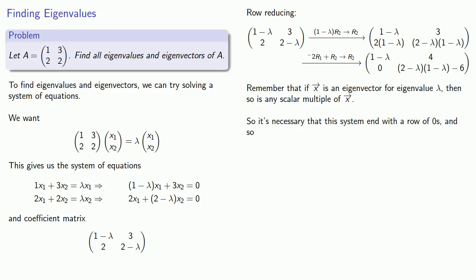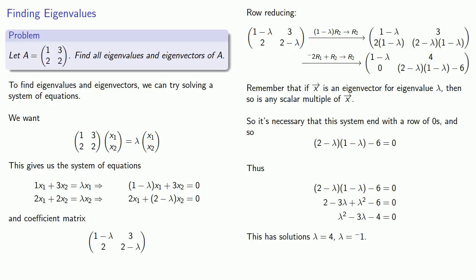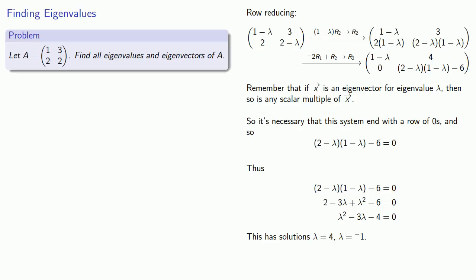So the system has to end with a row of zeros, and so it's necessary that this last term, (2 minus lambda) times (1 minus lambda) minus 6, must be equal to 0. So we'll solve that equation and find that we have solutions lambda equals 4 and lambda equals negative 1. And this gives us two eigenvalues, lambda equals negative 1 and lambda equals 4.